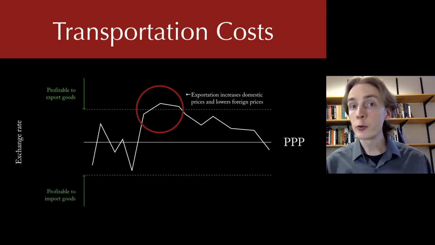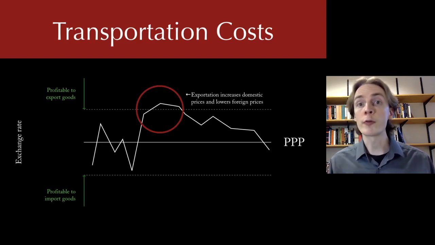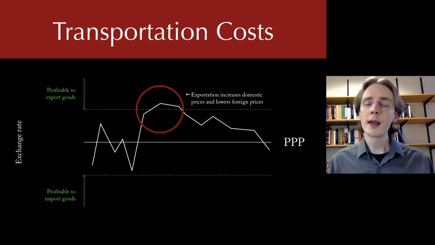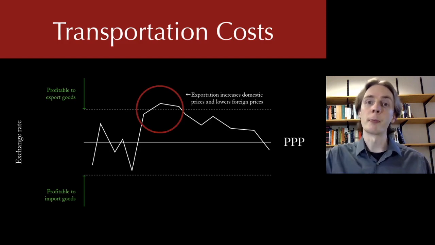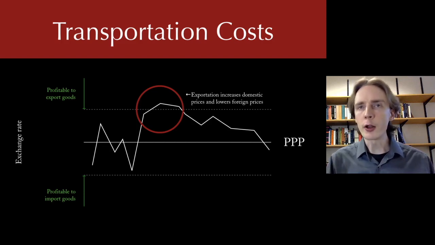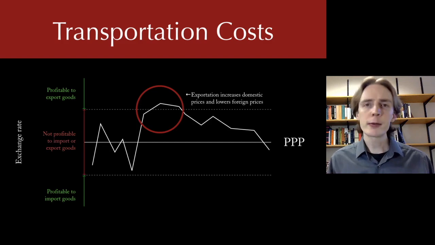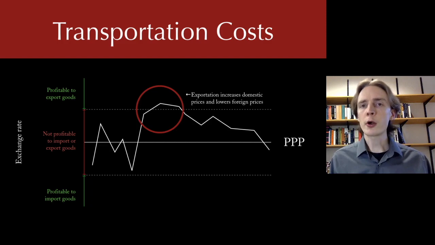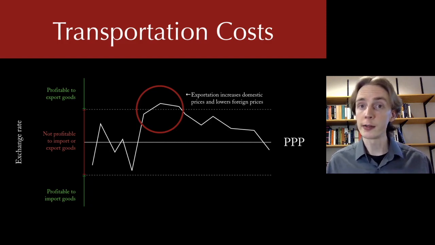If the exchange rate gets too low, if the currency is overvalued, then your consumers are going to be able to afford to import more. And they're going to import more goods, try to arbitrage that price differential, and that's going to push the exchange rate back up, within that band. But as long as we're within that band, as long as we're not too far away from purchasing power parity, it's really not profitable to import or export, because you're going to be incurring more costs by doing that than you get in terms of profits.